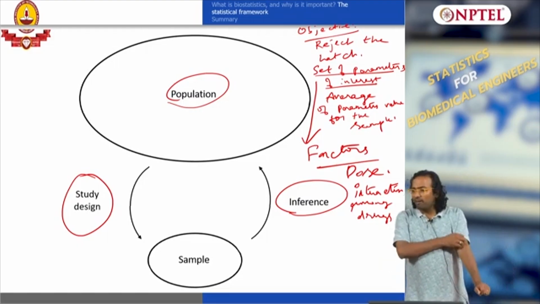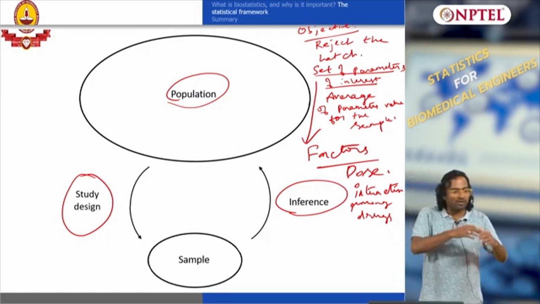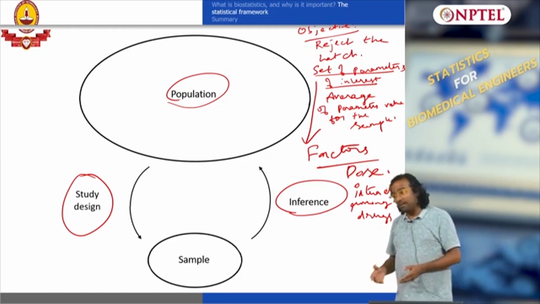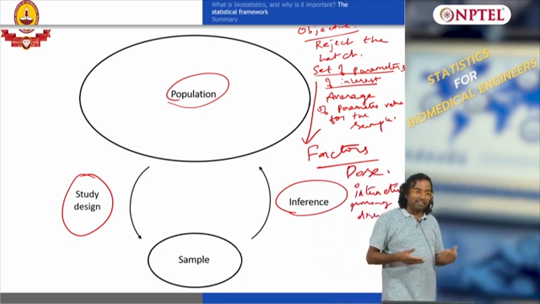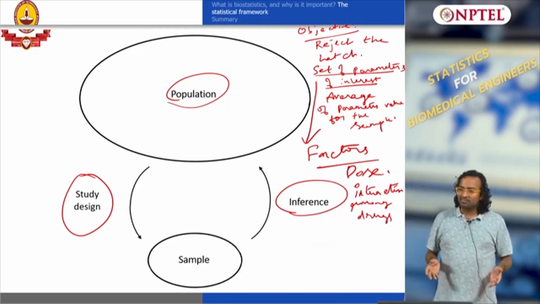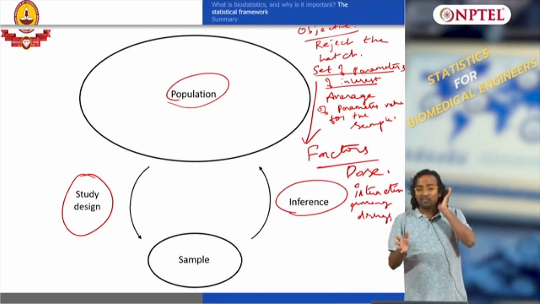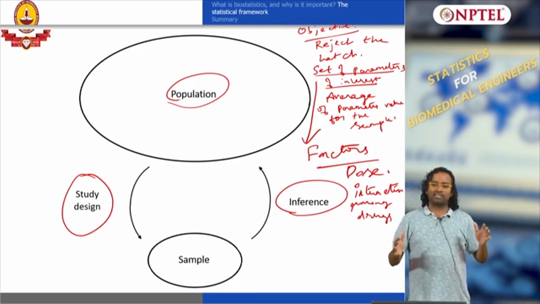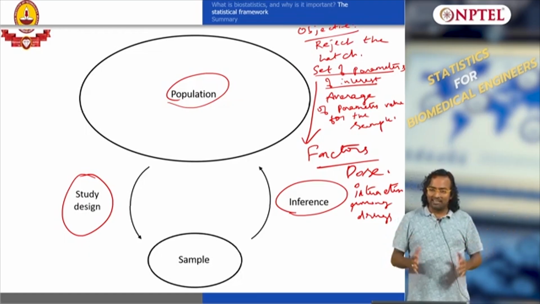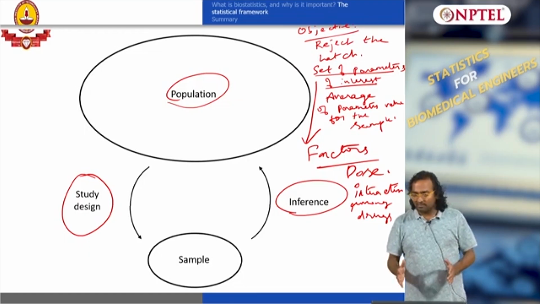So you want to avoid biases, so you want to do it for different genders, different age groups, okay, and you want to look for different dose levels and known interaction among drugs. Then when you enumerate all of this, sample size will start increasing, the design will get complicated, okay.